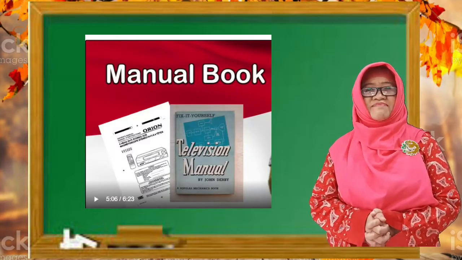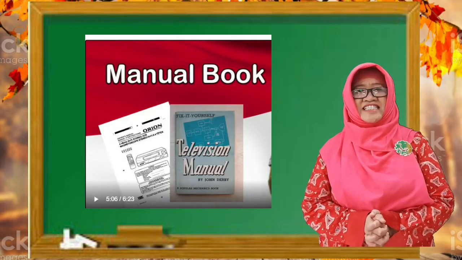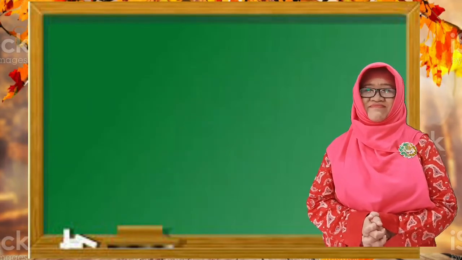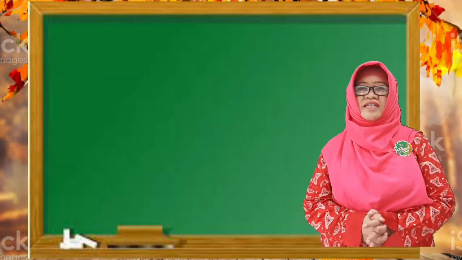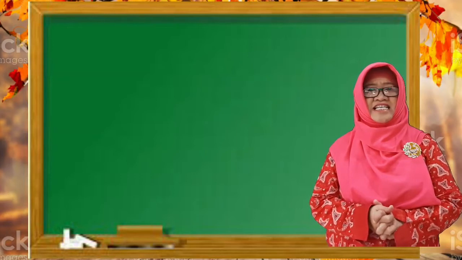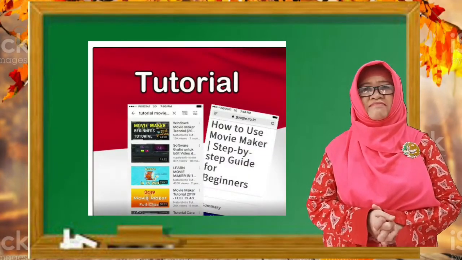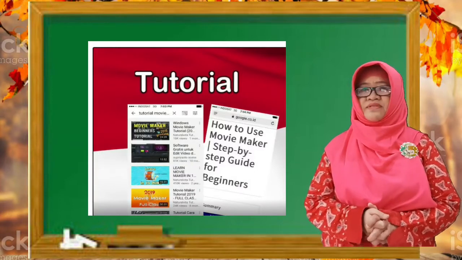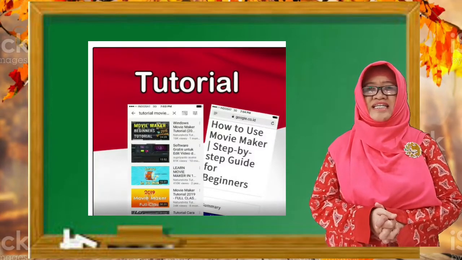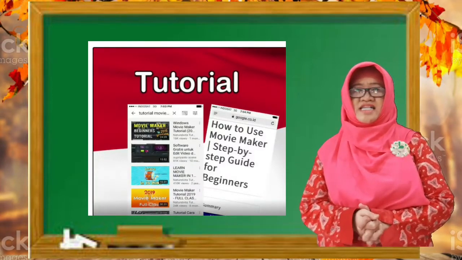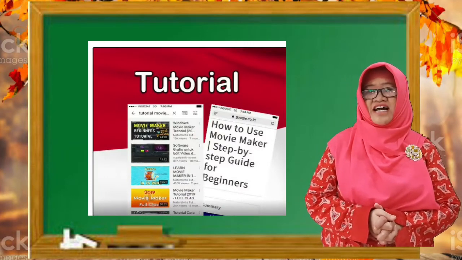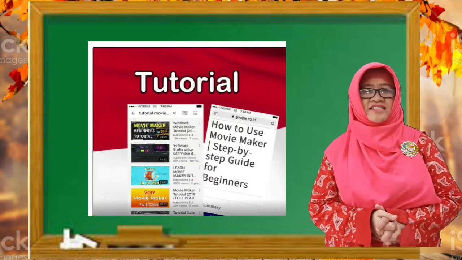The other example of a procedure text is the manual. Another example of procedure text is the tutorial. A tutorial is something like, for example, you don't know how to edit using Movie Maker, and then you look for a solution on the internet.